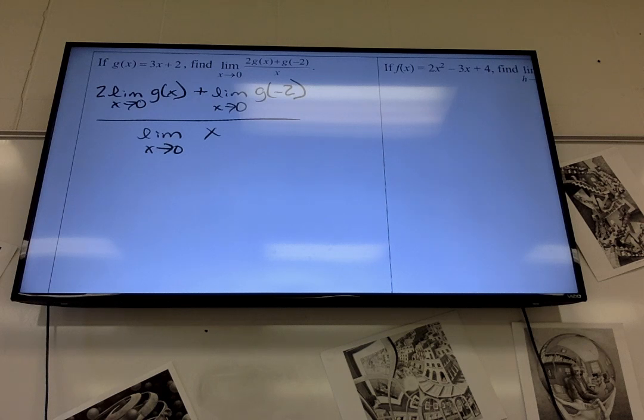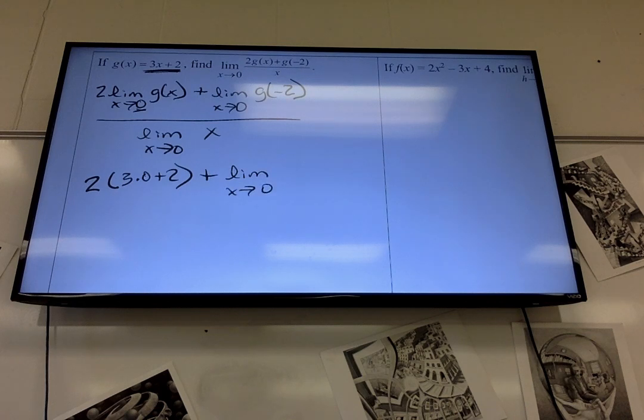Looks a lot more complicated than it is. You just plug in 0 for the x in 3x plus 2. So that's 2 times 3 times 0 plus 2, plus 3 times negative 2 plus 2.